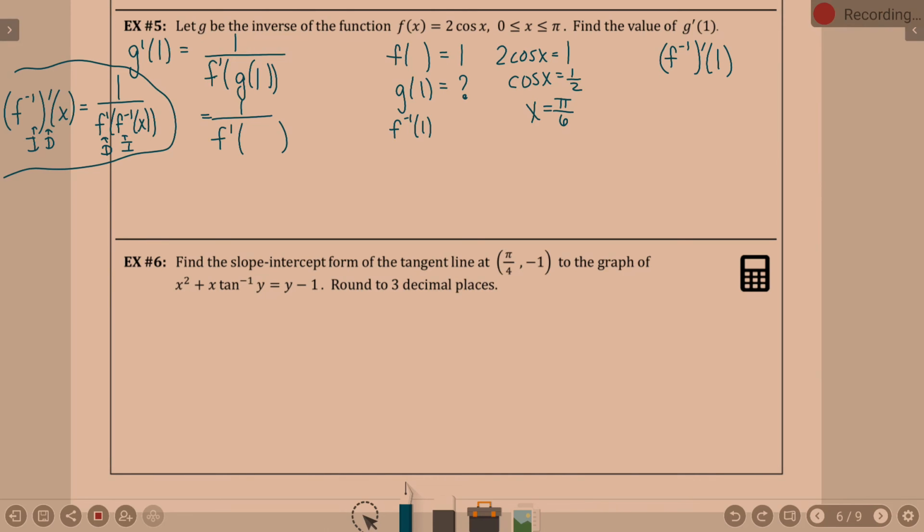Oh no, I reversed my chart. I thought pi over 3 was on top.